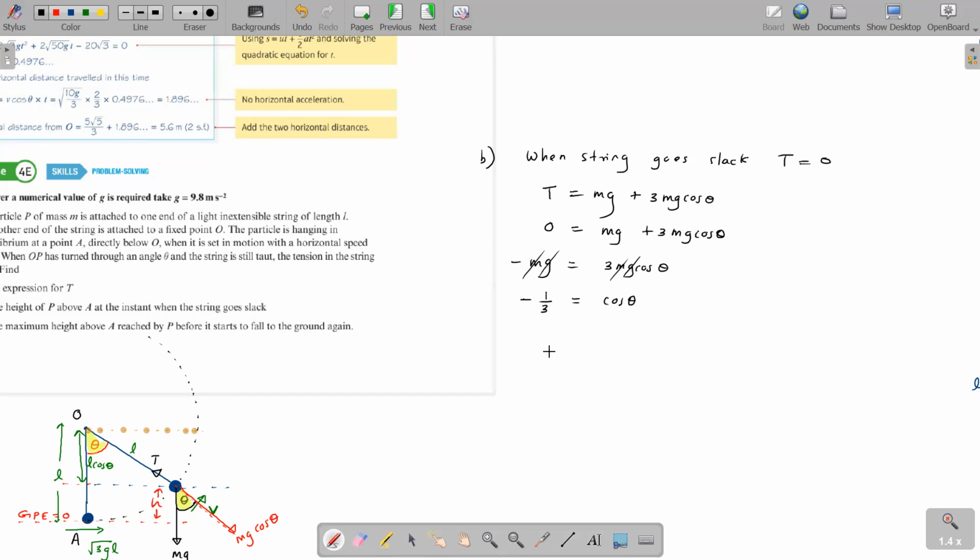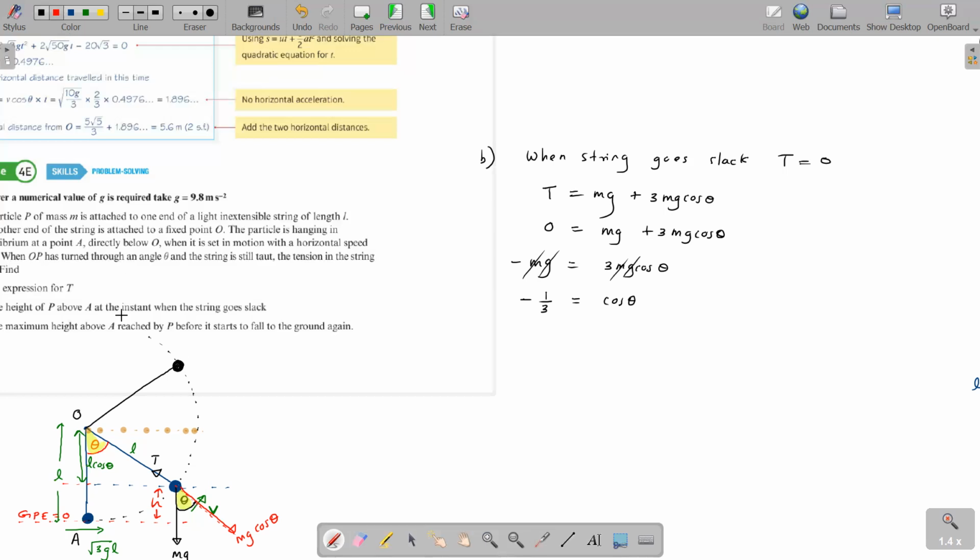You can see that I just proved to you what I said. You measure your theta from this downward vertical. So over here, you can see the string becomes slack somewhere over here, when you have an obtuse angle.